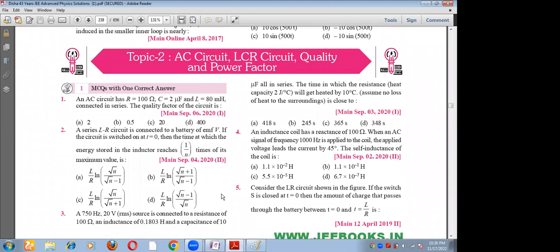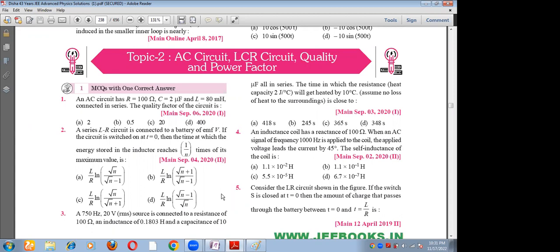Take a screenshot of question number 2, 3 and 4. This is the Euler circle.